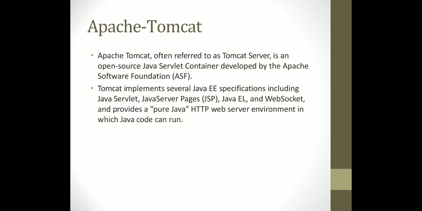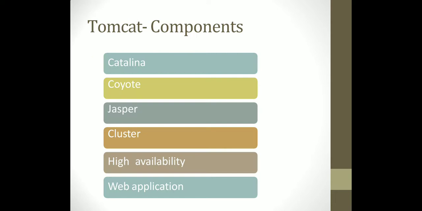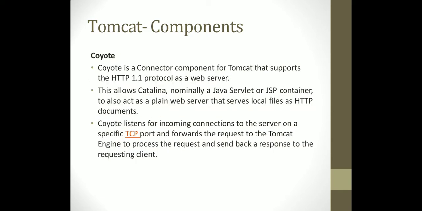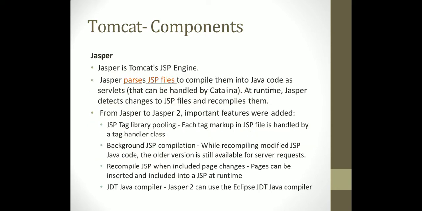The Tomcat server is an open source Java servlet container that was developed by the Apache Software Foundation, and we have seen the components of Tomcat, what each component is made for, and what function it is performing. All these things we have seen, like the Tomcat components Coyote and Jasper.